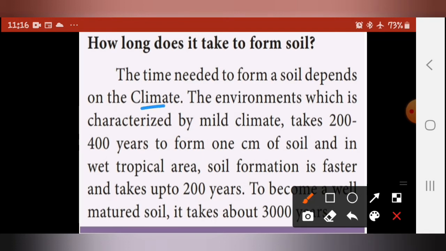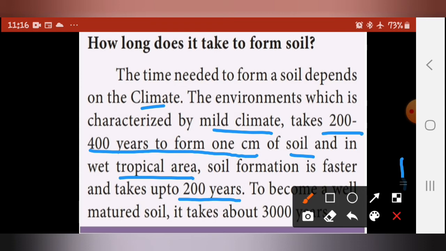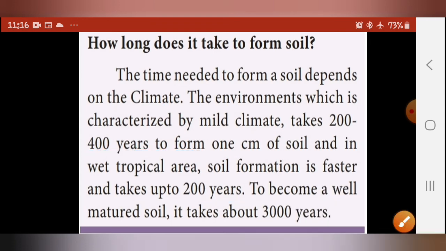The environments characterized by mild climate take 200 to 400 years to form 1 centimeter of soil, and in wet tropical areas soil formation is faster and takes up to 200 years. To become well matured soil, it takes approximately 3000 years.